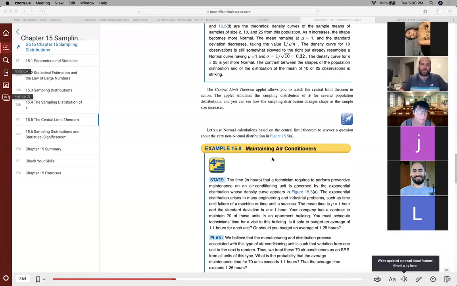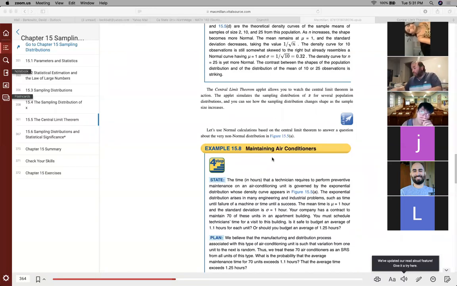How do I calculate this? Anyone? You use the z-score table?